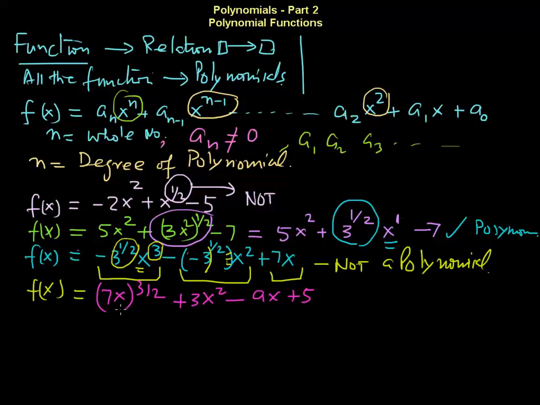You can see directly that if you open it up, this will give you 7 to the power 3/2, which is fine because this is a constant. But then x will be coming here with the exponent 3/2, which is again a problem because that involves a root, so that function is not a polynomial function.